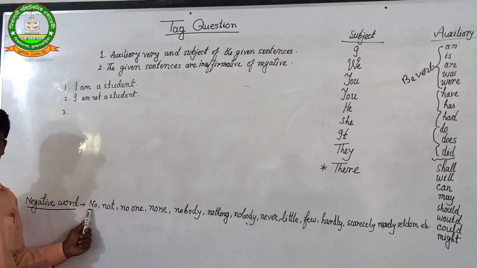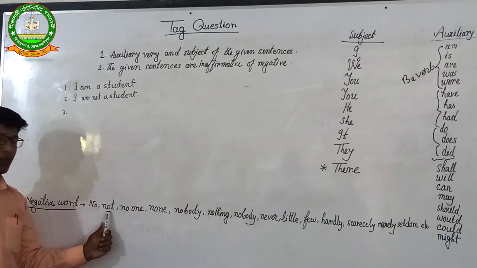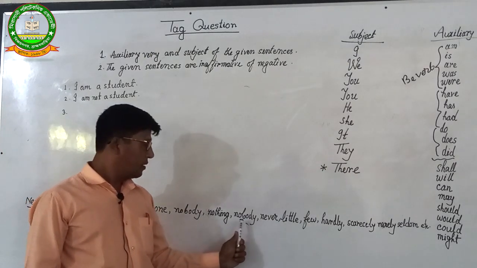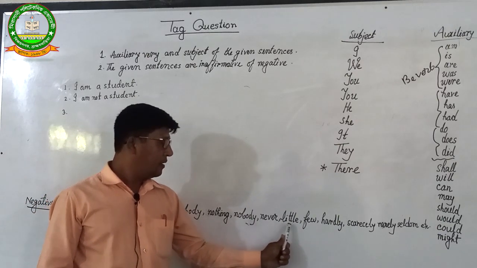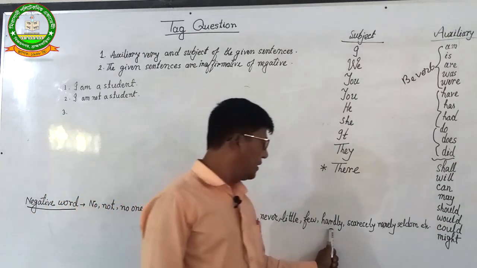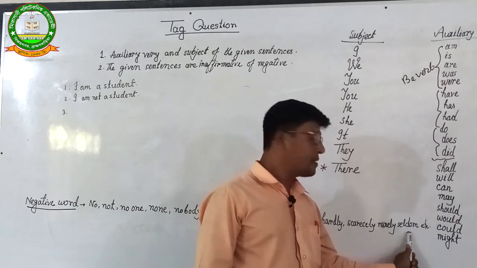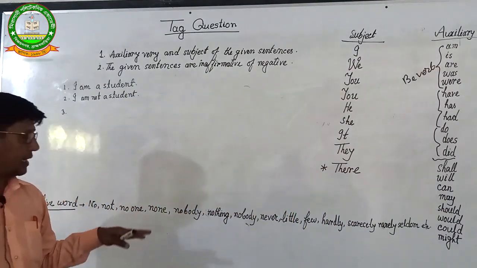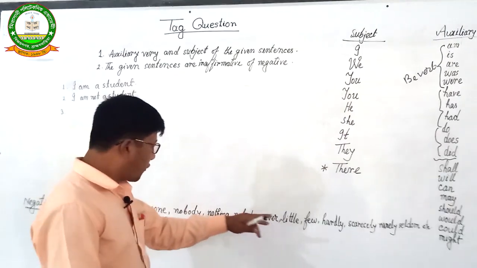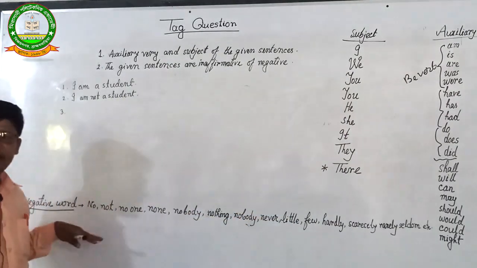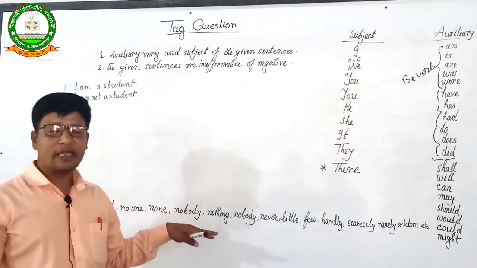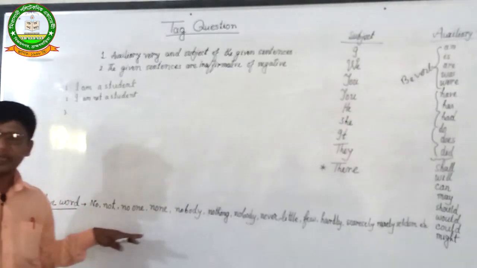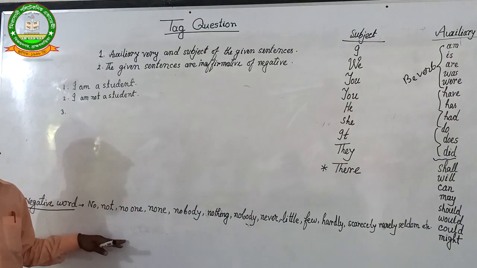Here: no, not, no one, none, nobody, nothing, never, little, few, hardly, scarcely, rarely, seldom, etc. These are the negative words mostly used in sentences. If you find any word from this list, you will think the sentence is negative. And without any word of this list, the sentence is affirmative.